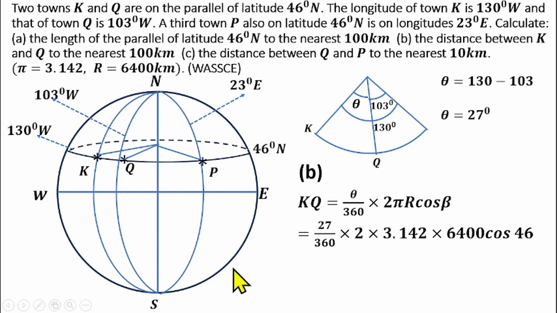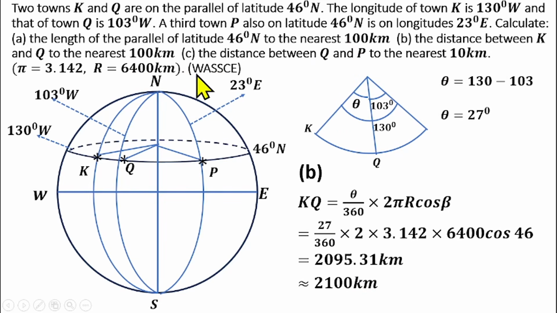If you substitute that, that gives us 27 over 360 times 2 times 3.142, which is pi, times 6,400 cos beta, which is the latitude that they are both on, which is 46. Simplify that with your calculator, that gives us 2,095.31 kilometers. Then to the nearest 100 kilometers, that should give us 2,100 kilometers.